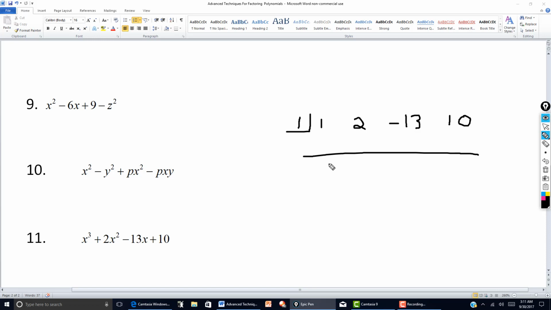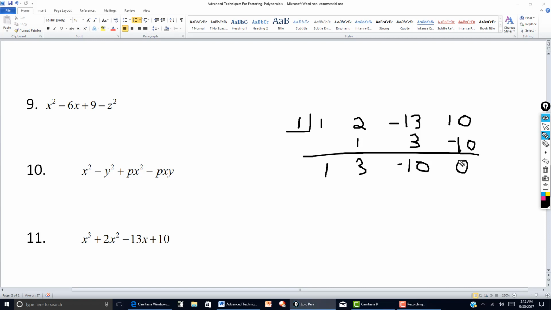Okay, so if I put a 1 right here, then bring the 1 down over here, we're going to test out to see if 1 is a 0. So I go 1 times 1 is 1, bring it over here, then we add, this is 3, then 1 times 3 is 3, bring it over to the next column, add these, I get negative 10. 1 times negative 10 is negative 10.